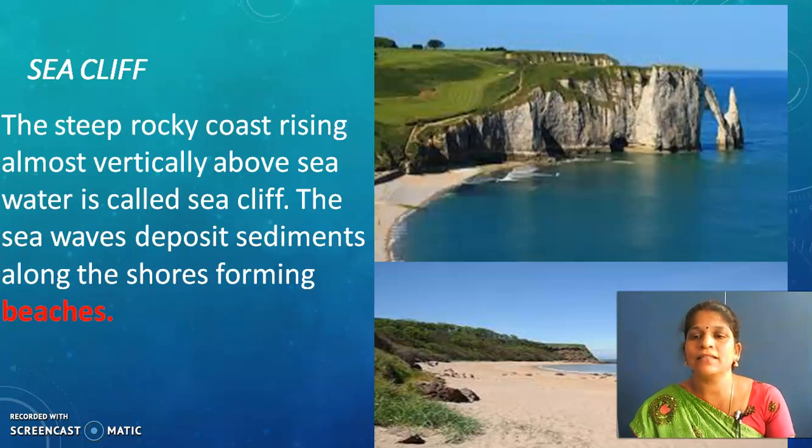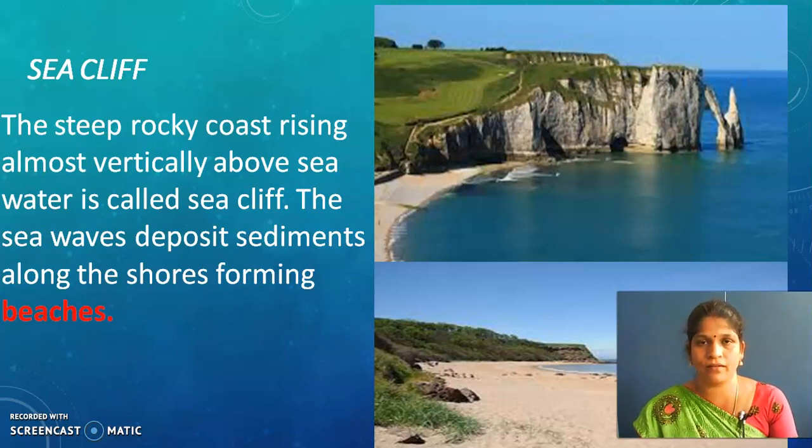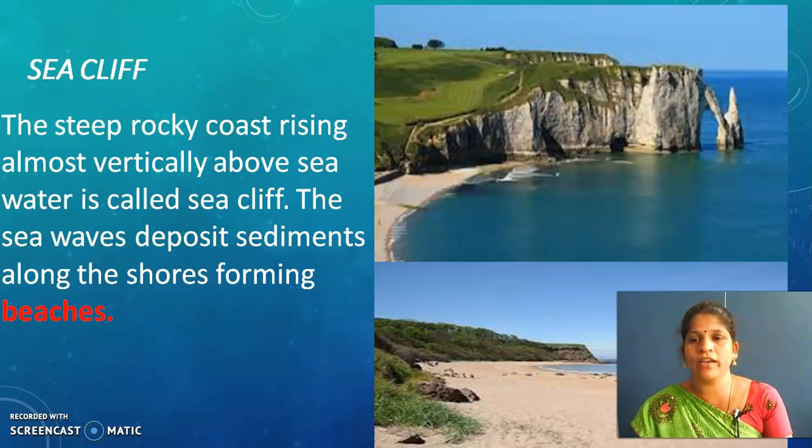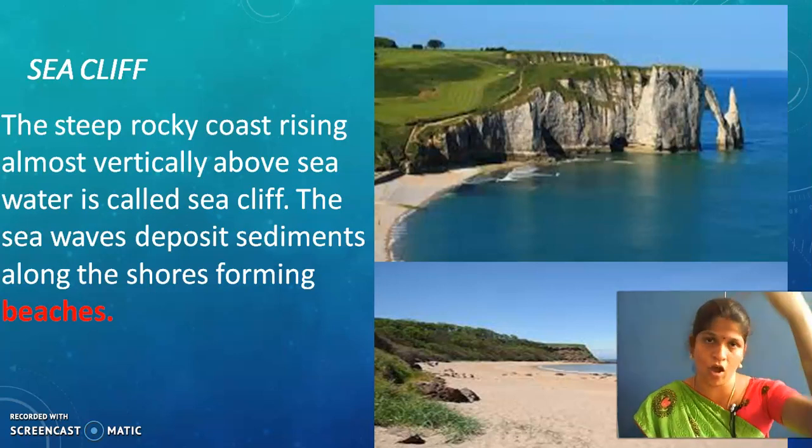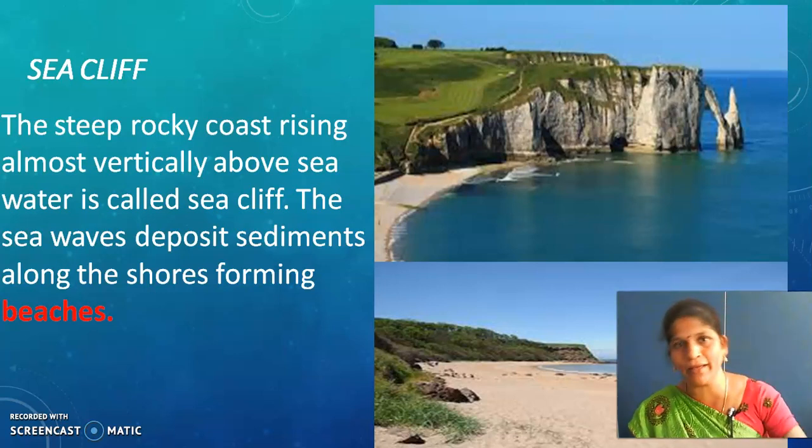The steep rocky coast rising almost vertically above sea water is a sea cliff. The sea waves deposit sediments along the shores forming beaches. Here what we are saying, the steep rocky coast rising almost vertically, is because the sea waves bring some materials and sand and deposit them on the rock.